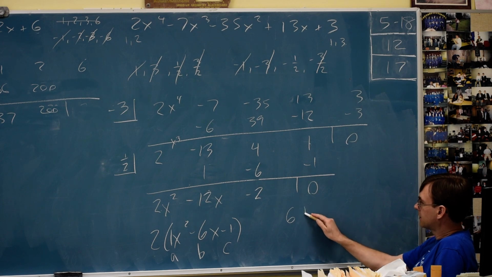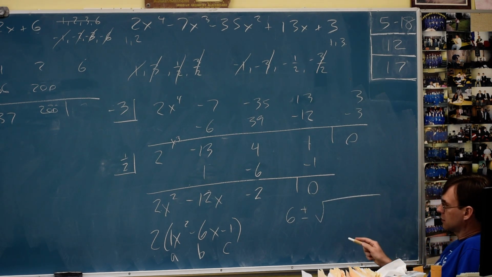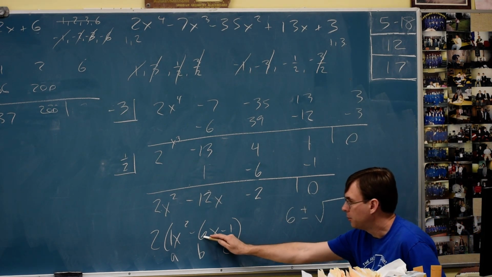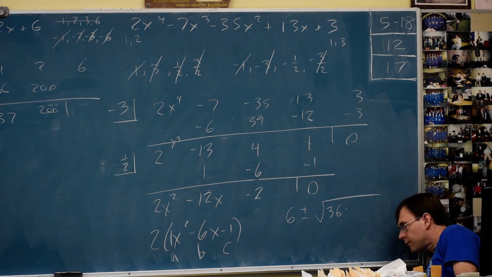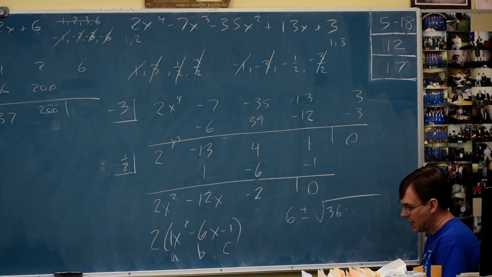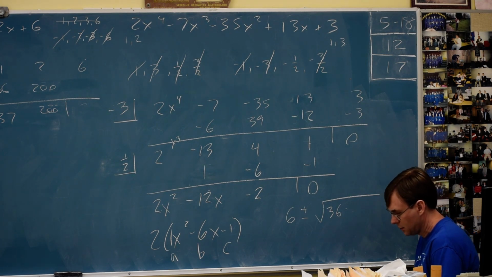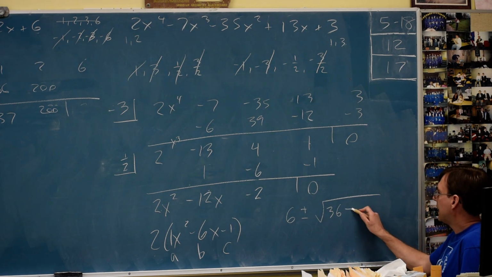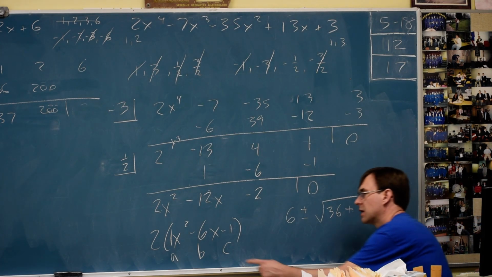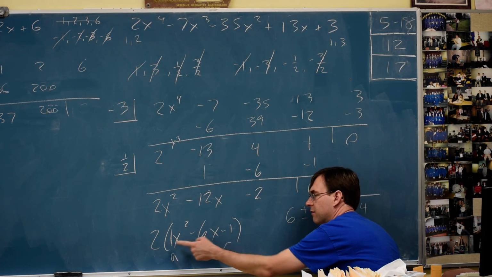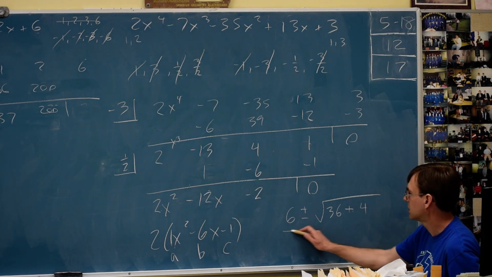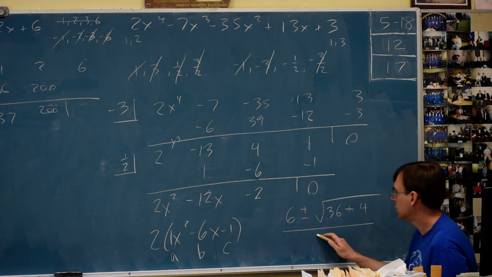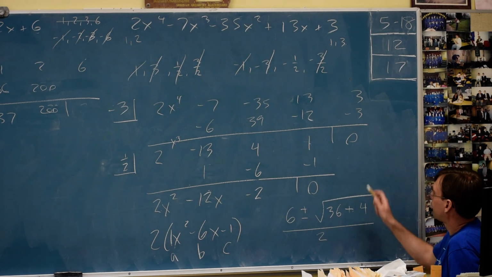So 6 plus or minus the root of B squared minus 4 times A times C, we get a minus minus making plus, because if we multiply these by 4s, we get a 4, but minus minus is a plus. All on top of 2A, which is a 2.